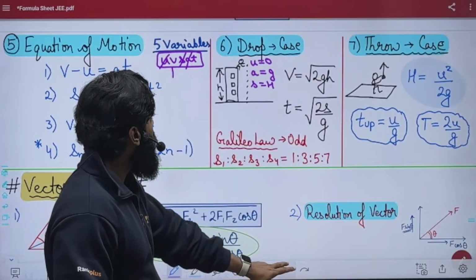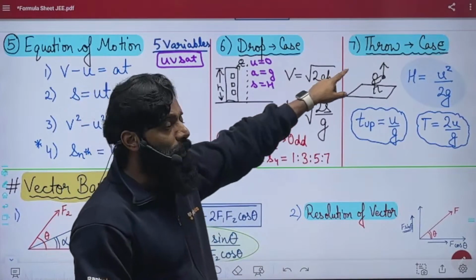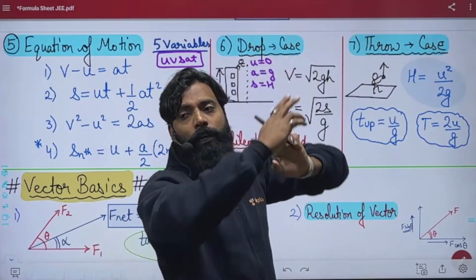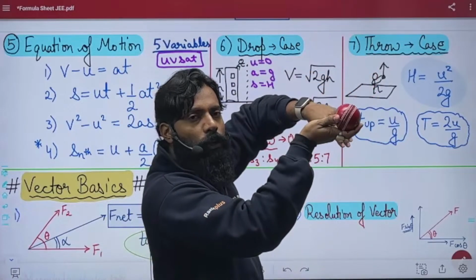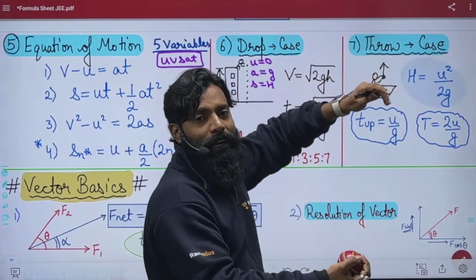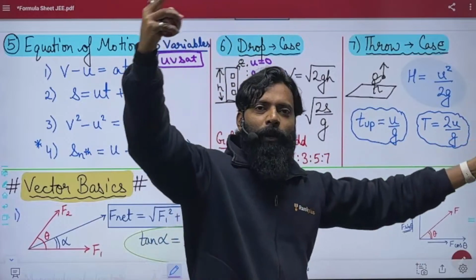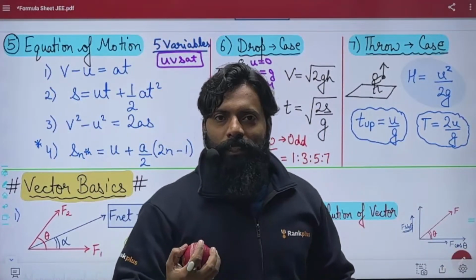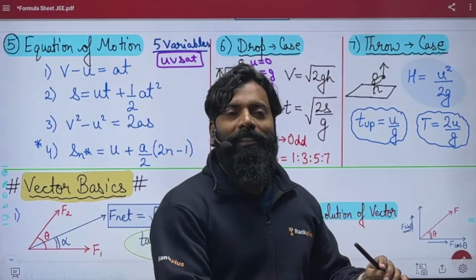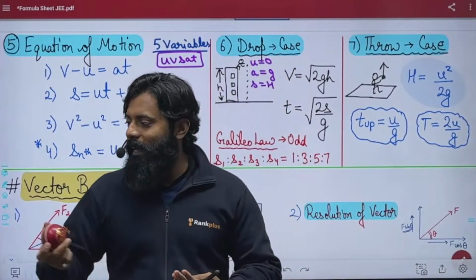Similarly, when I'm vertically throwing one ball, I have to provide the velocity, because if I do not provide the velocity, it will not move upward, because according to nature, everything falls on the earth. So if I have to do something different, I have to apply some force.